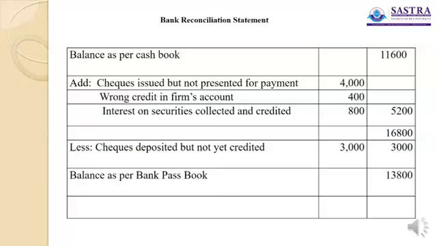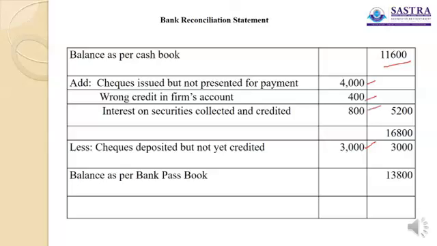Balance as per cash book 11,600, and checks issued but not presented for payment are, as symbolized, added, and checks sent for collection not collected are, as symbolized, deducted, and the wrong credit as well as the interest received are, as symbolized, added.